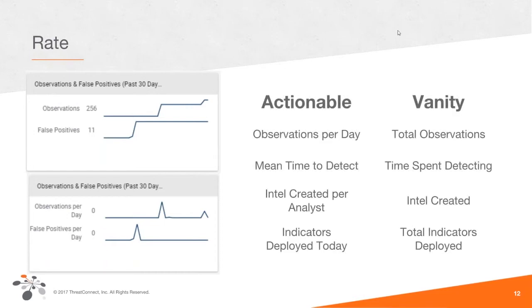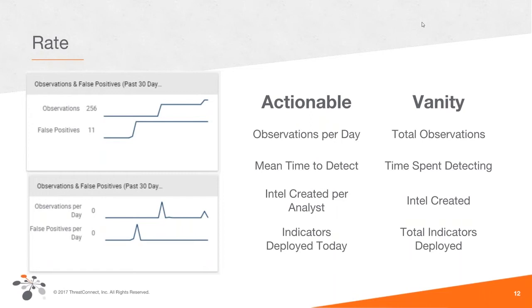Just to give you some examples, we can compare similar data in the actionable version, where it's expressed as a rate, and the vanity version, where we're just adding things up. Knowing total observations is not something I can really take action on, versus observations per day, where I can look for trends.